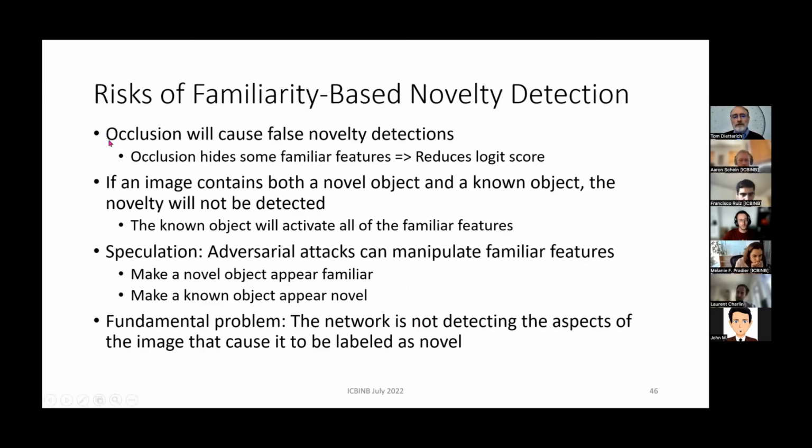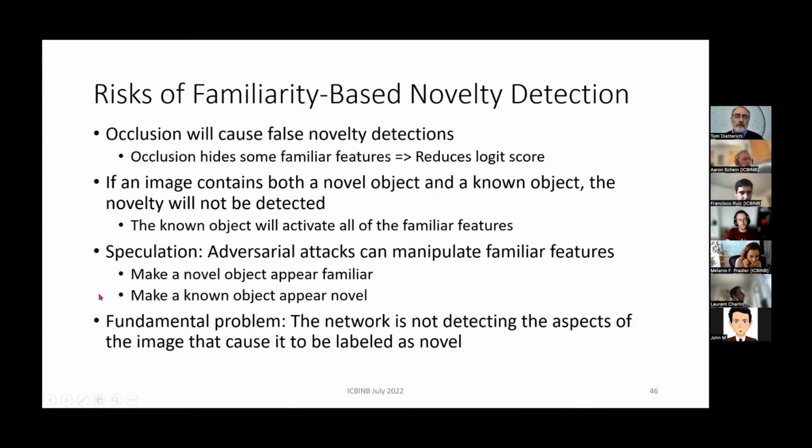Evidence of failures would be, if an object is occluded, or large parts of it are occluded, it's also going to get a lower logit score, and we would have a false alarm as a novelty detector. Or if we have an image that contains both a known object and a novel object, the known object is going to turn on all of the familiar features, and so we won't notice the novel object.